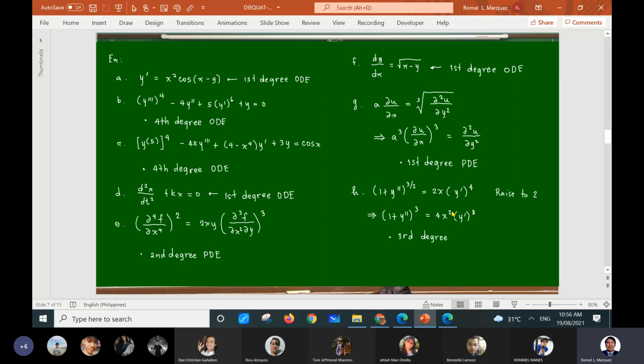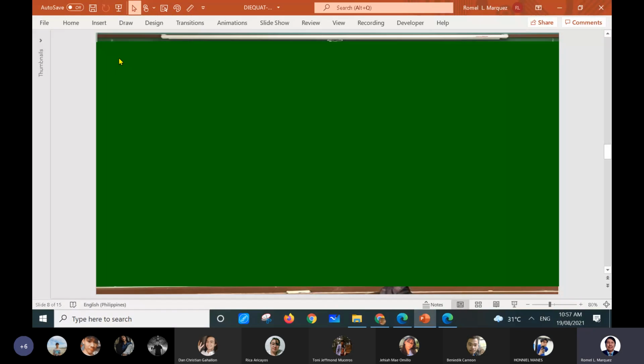Okay? Yes. What about if you have this DE? Let's say 4x over 1 minus y triple prime, and that is equal to 2 plus y triple prime minus 3y prime quantity to the second.